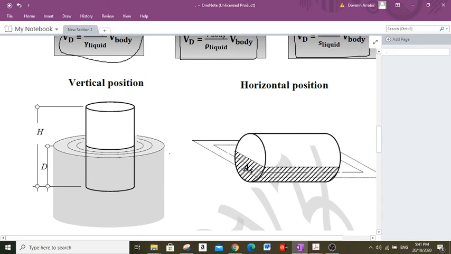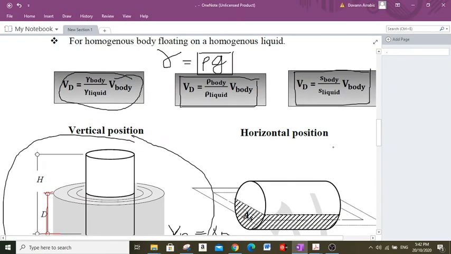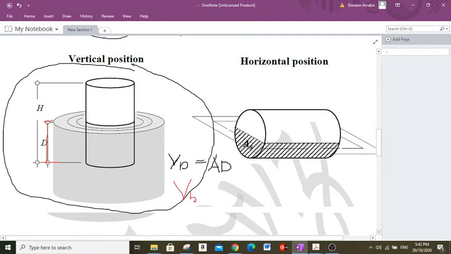Considering this figure, our volume displaced is equal to the area times the draft d, this distance d, and the volume of the body is equal to area times height.